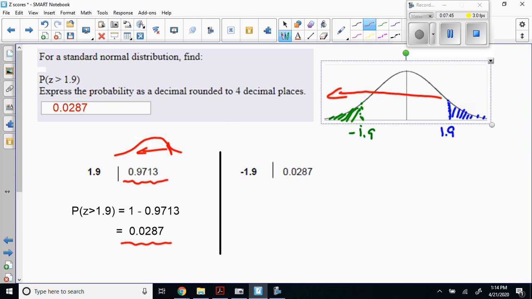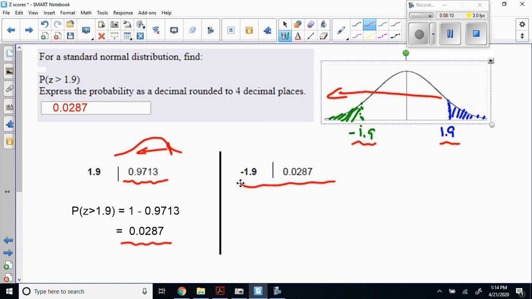Okay. Now there is a little trick, a little understanding, that if you notice that I was at positive 1.9 here, but if I looked at the negative 1.9, right, and I looked at its Z table, look what it gave me, 0.0287, right?